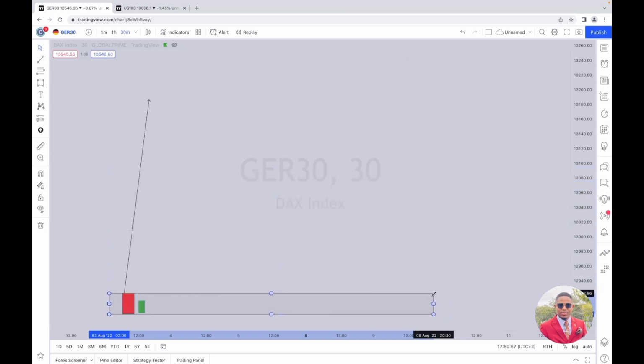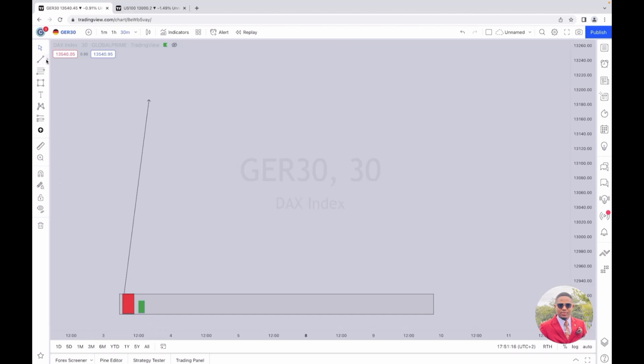Now pay attention as I begin to explain. The secret of the entry is not on here. The secret of the entry is on these 2 candles, the ER candlesticks.